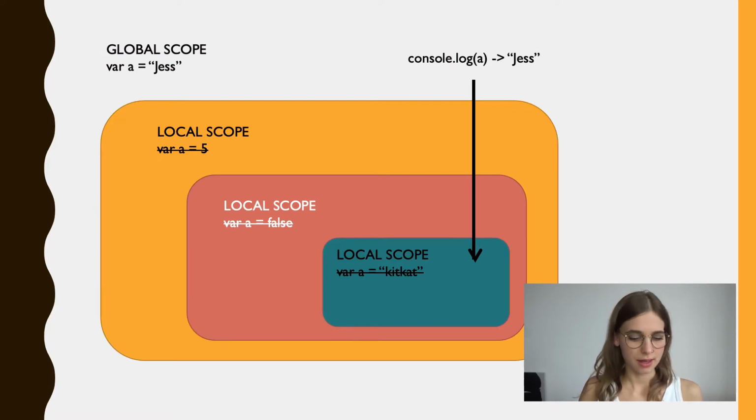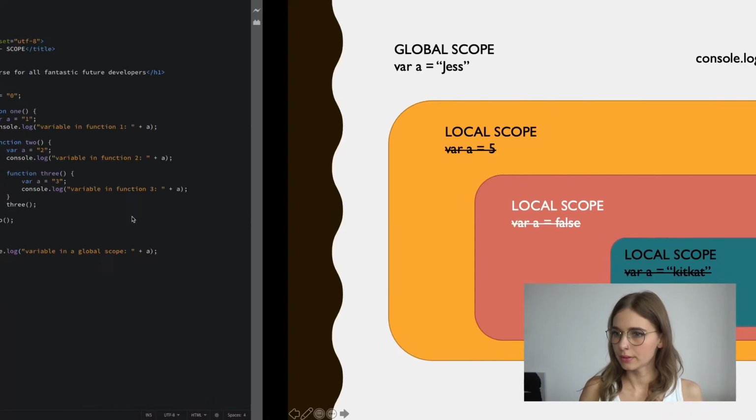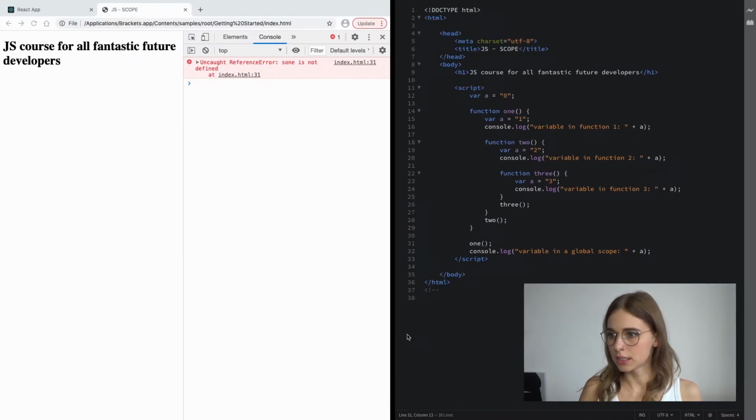Let's have a look at the code. And so here I've got script. I would save this one. It might look a little complex, but it would show us how this works.